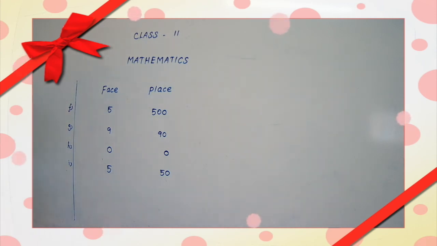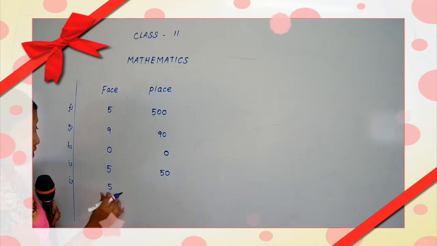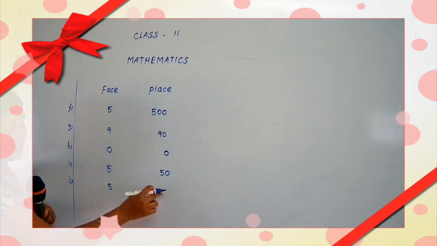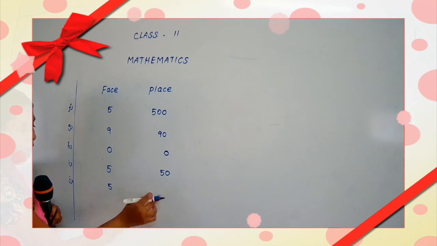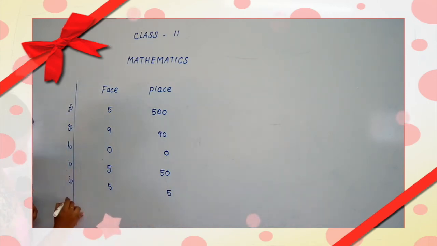Then see the next one, J. 785. Which one is underlined? 5. So that underlined number you take and write here. See the place value. 5 is in which place? Ones place. Okay. Then K. K means 820.